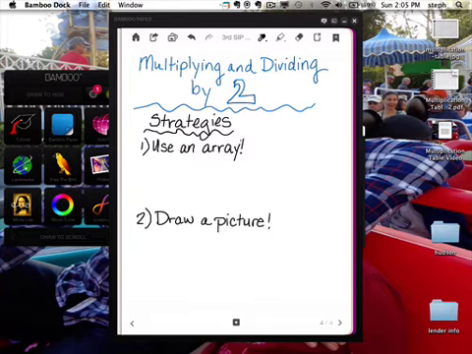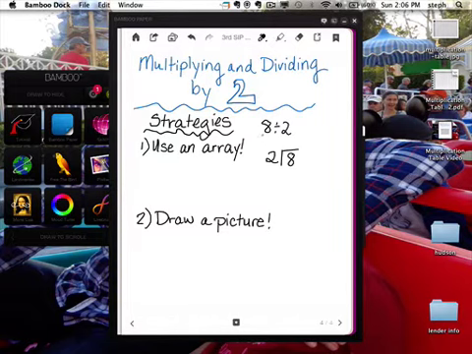Okay, so we're going to talk about a division problem. Let's do 8 divided by 2. And I'm going to write it 2 different ways. You can write it going across, or you can write it like this. This is a different way to write the division. So 8 divided by 2. 2 is going to be the divisor, and 8 is going to be the dividend.